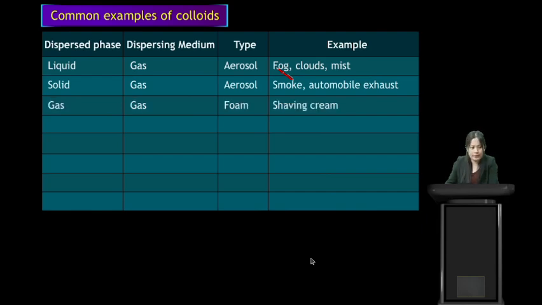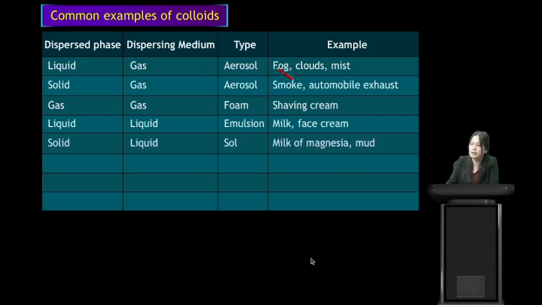The next is when the dispersed phase is gas and the dispersion medium is liquid. This type of colloid is known as foam. An example of foam is shaving cream. Another type is when the dispersed phase is liquid and the dispersion medium is liquid. This type of colloid is known as emulsion, and some of the examples include milk and face cream.